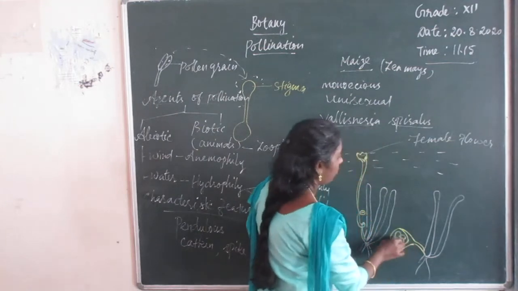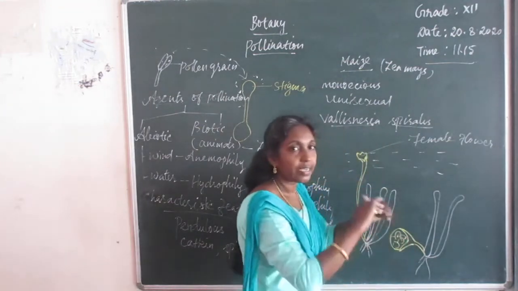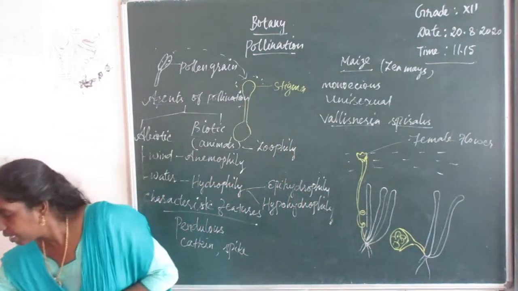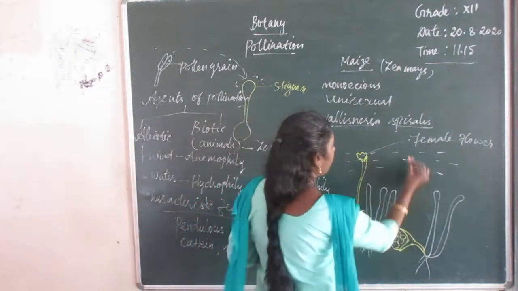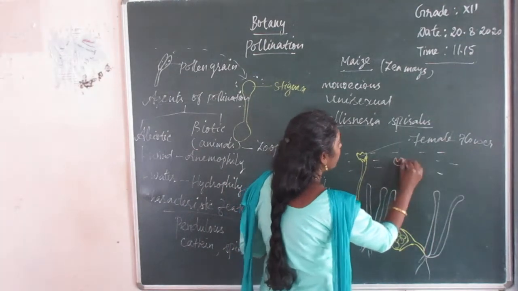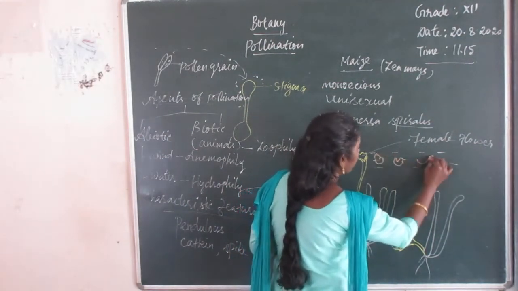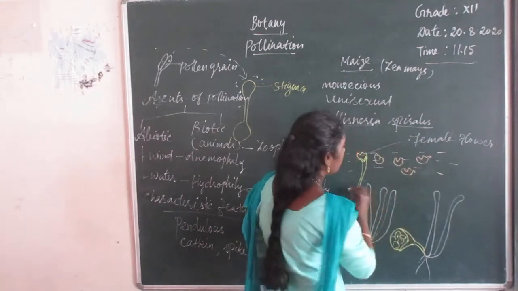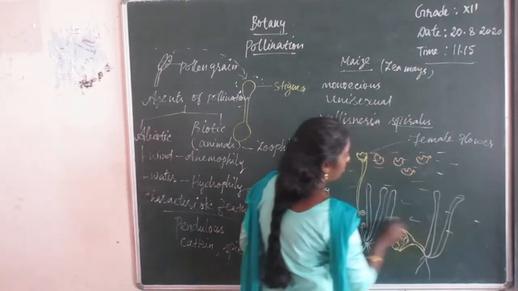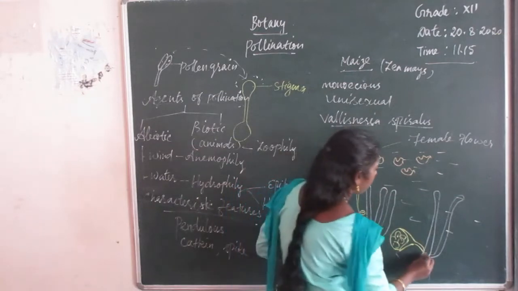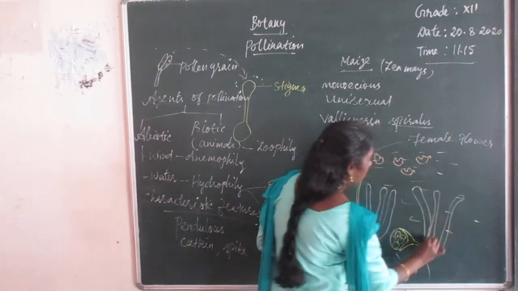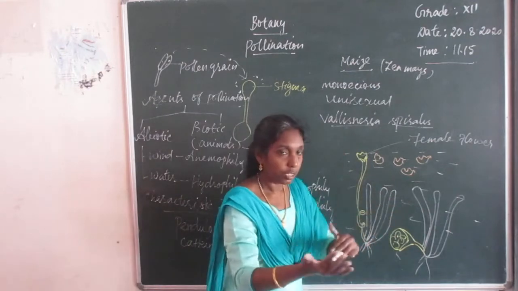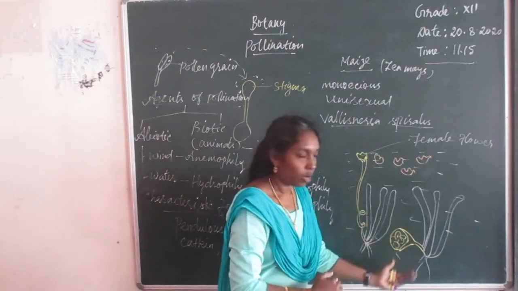These male flowers are detached and float on the surface of water. This flower detaches from the parent and floats on the surface of water. The leaves are ribbon shaped. So these are dioecious plants, submerged water plants.